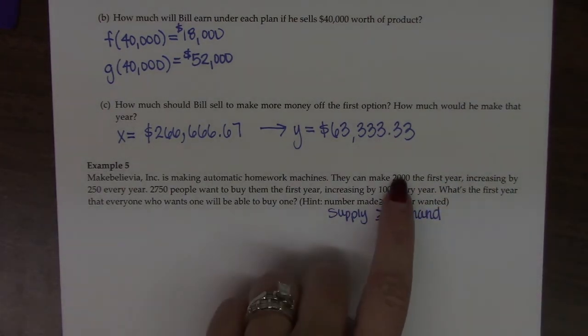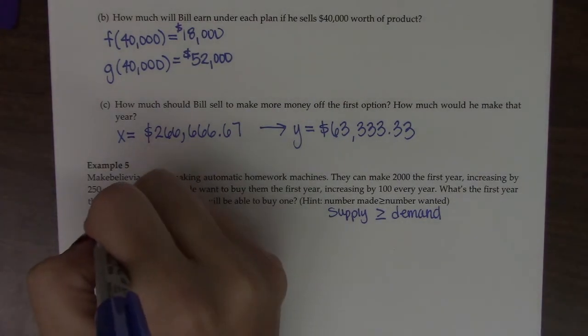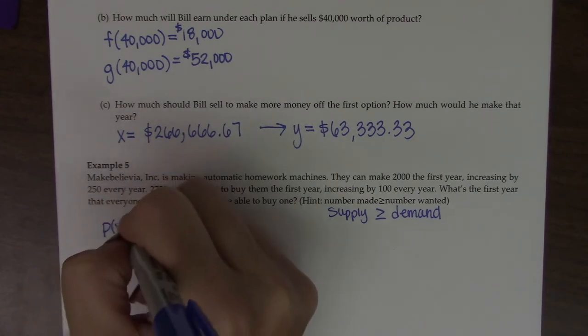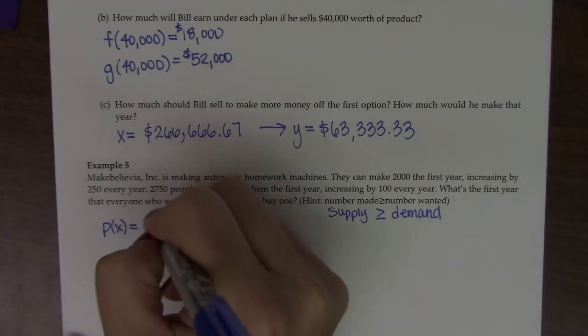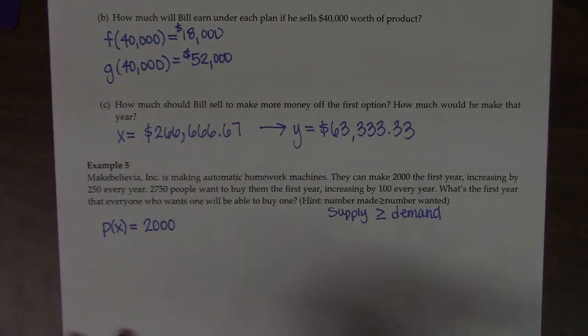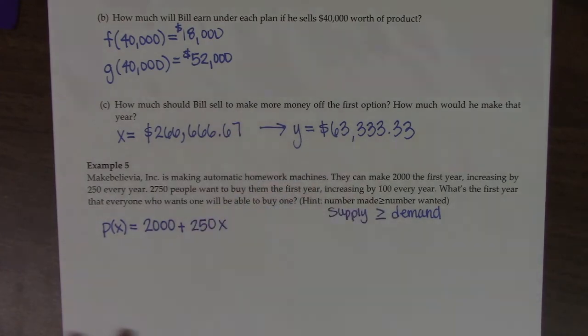So if we look out, the first year they can only make 2,000, but 2,700 people want them. So this is actually very similar to the salary problem we did in example 4. So we're going to call P of X the production, right? And we'll say they can make 2,000 the first year and 250 more each additional year.